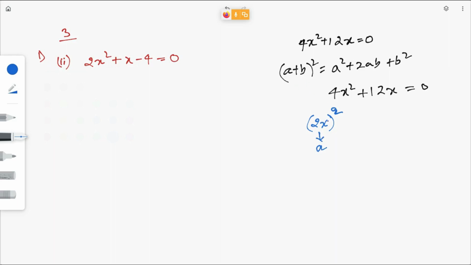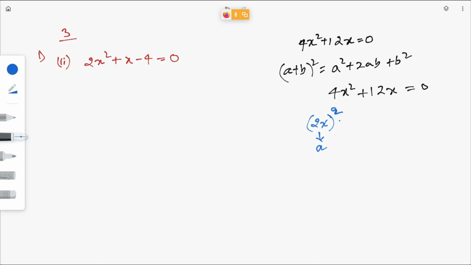Initially just x was your a, when we had x square. Now here it is 4x square, and 4 can be written as 2 whole square. So you need to write this 4x square as 2x whole square.